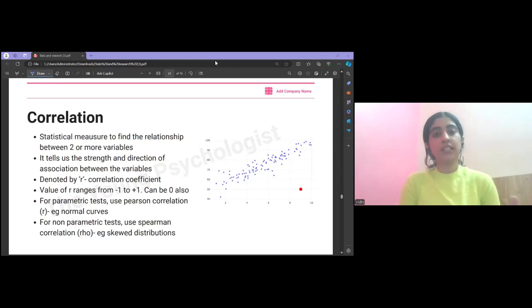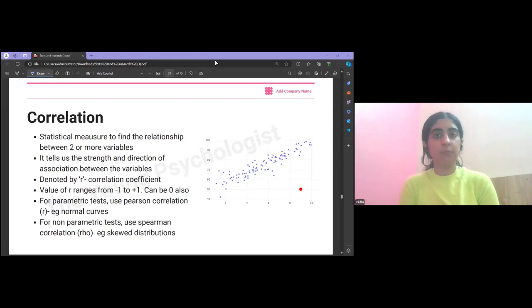Sometimes, if we want to assess and understand the relationship that exists between these variables, that is when we use this statistical tool called correlation. Correlation helps us to understand the strength of relationship between two or more variables in statistics and research.